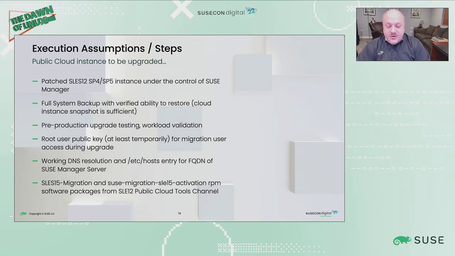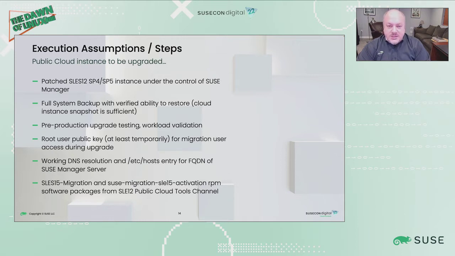That way you can evaluate the logs and the stepping and staging of the process and troubleshoot in the event that there was a problem. And beyond that, there's the table stakes of working DNS resolution and potentially a hard-coded fully qualified domain name entry in /etc/hosts, just to make sure that the client can resolve the SUSE Manager server properly.